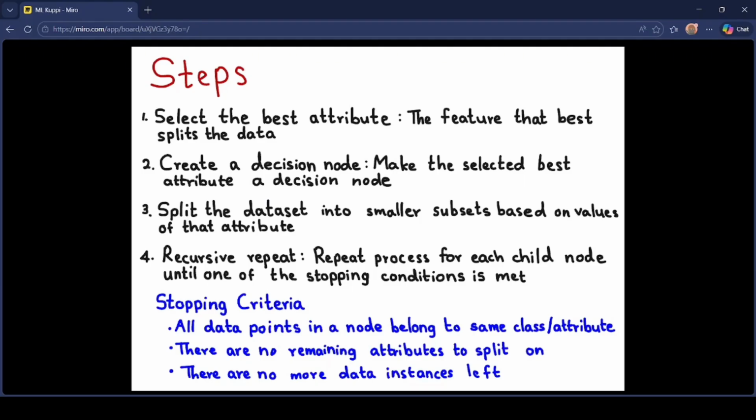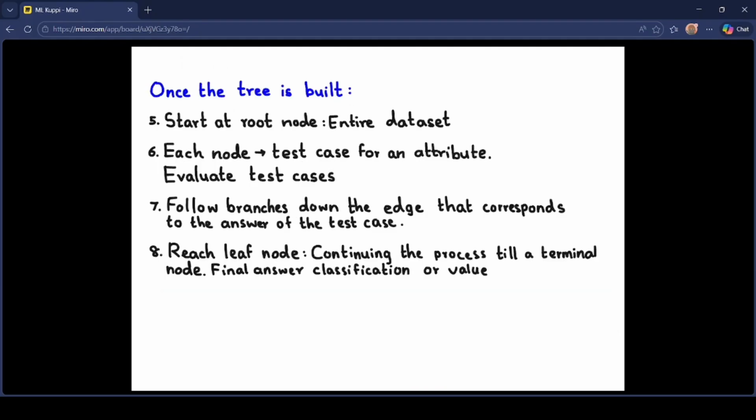Okay, so now we have built the decision tree using the previously discussed steps. After we built the tree, we are going to start at the root node. The root node is where the entire data set is. So we are going to start there, and then we have to test cases for each node. For each attribute, we are going to test cases. So each of the nodes is a test case being evaluated.